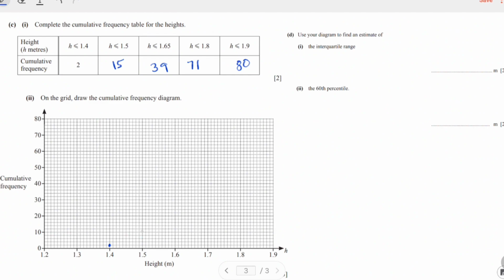At 1.65 it is 39, so this point I should mark 39.